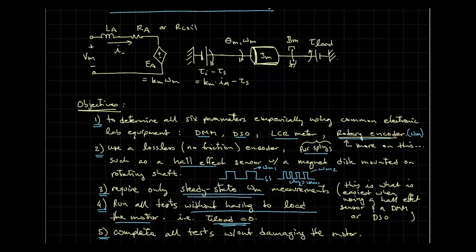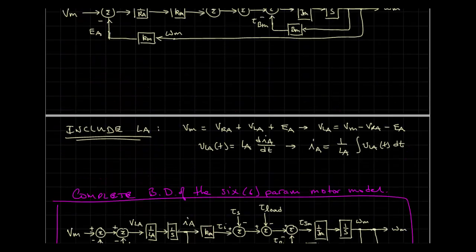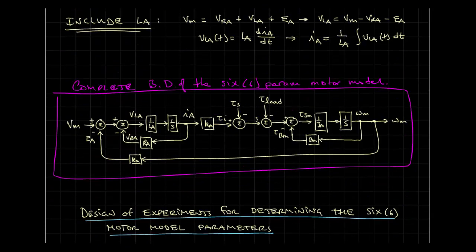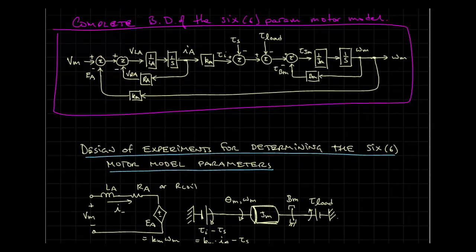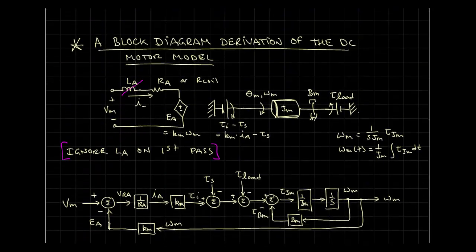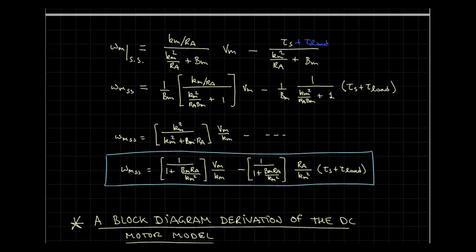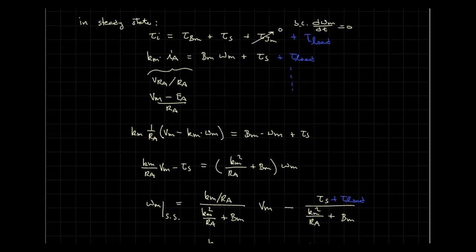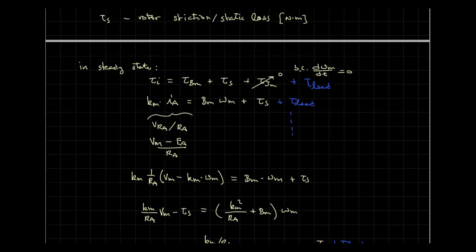Okay, so up to this point we have developed a block diagram model of our motor in addition to the schematic representation. We've also assumed some steady state conditions. Our steady state conditions were back here, where we claim that d omega m dt is equal to 0, and therefore tau jm is equal to 0, leaving all of the induced torque, tau I, that's produced from the electrical side of the motor, being distributed to the viscous loss and the stiction loss.